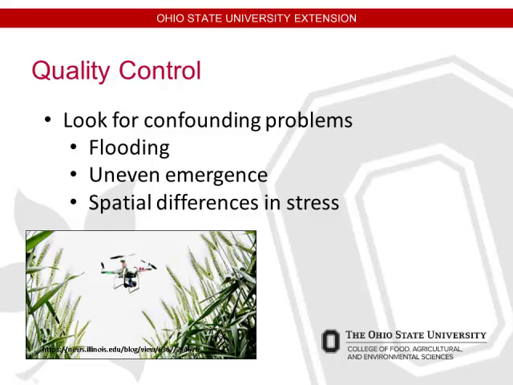Again, making sure that what you have out there is what you think, and then looking for compounding issues. Flooding in a field is a good one. Hopefully the imagery guys talk about some of this later, because I think this is a really exciting use for that kind of data: looking for differences in spatial variation other than what you're trying to test. So maybe there was a flood.